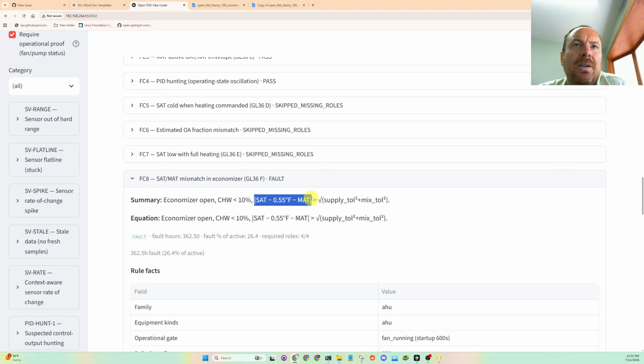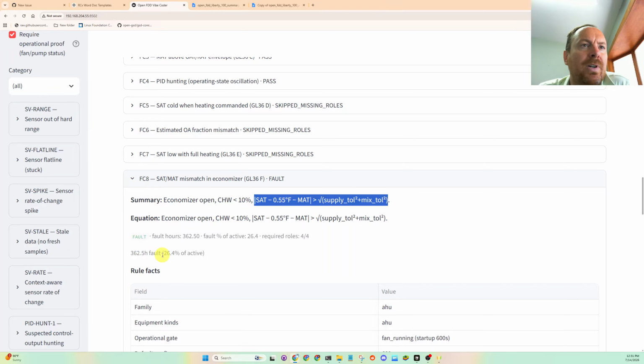And then there is supply air temp minus mixed air temp, and this is just a Guideline 36 way of defining the deviation of the temperature sensors, an allowable deviation to a tolerance.